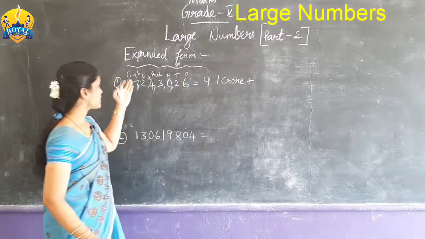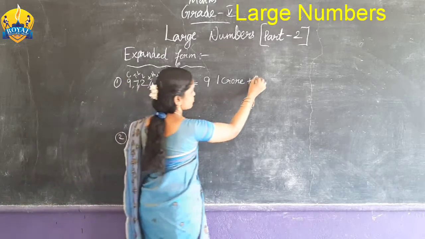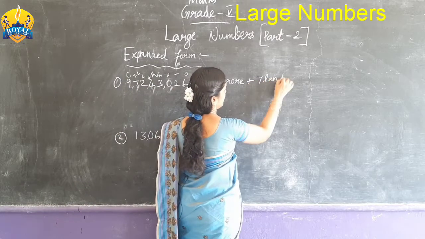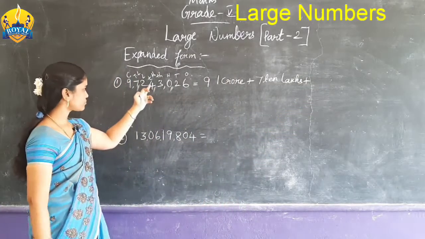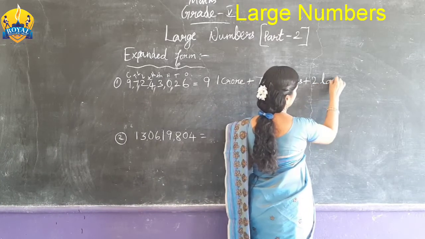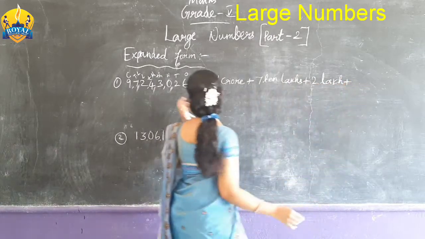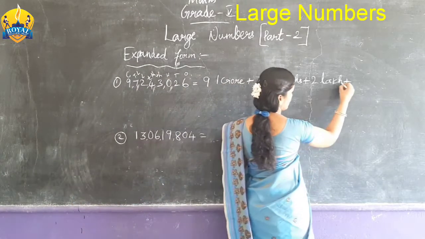Plus, this is the expanded form. Next one 7, 10 lakhs plus the next one 2 lakh, plus the next one 4 is in 10,000.